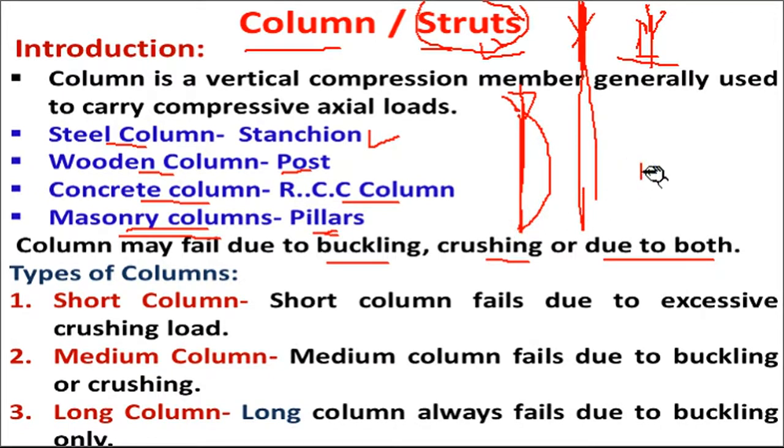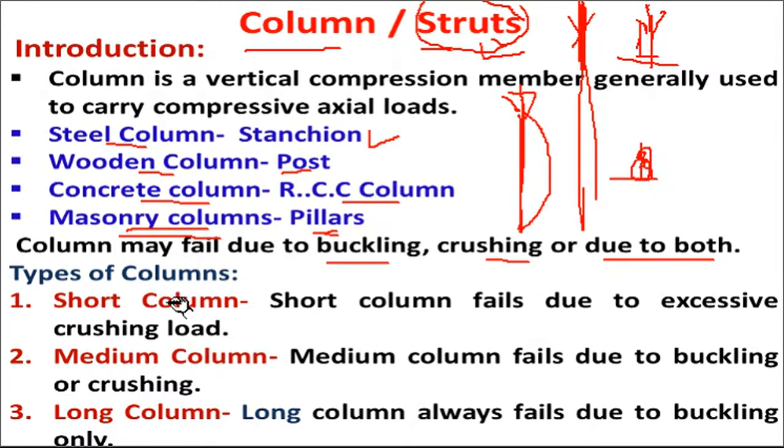But suppose the length is very small, the total height of the column may be 100 mm or 200 mm. At that time it is not going to buckle. When the load is excessive, the material will crush into pieces.